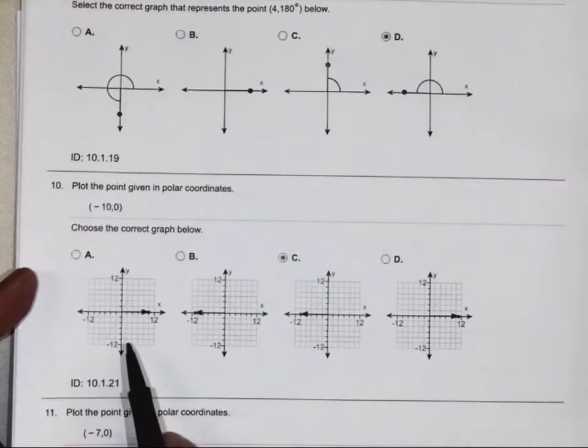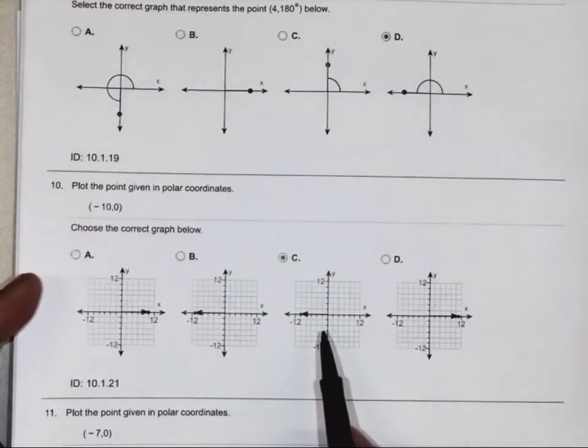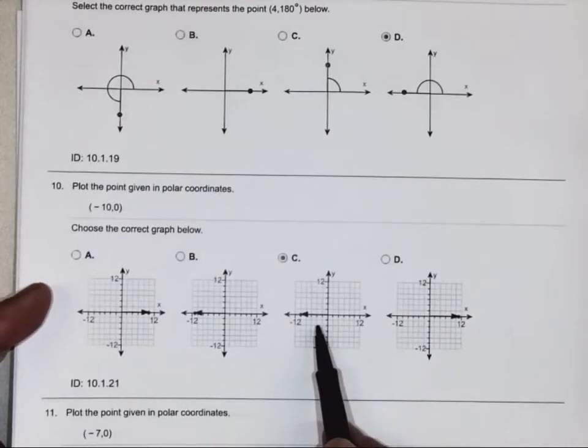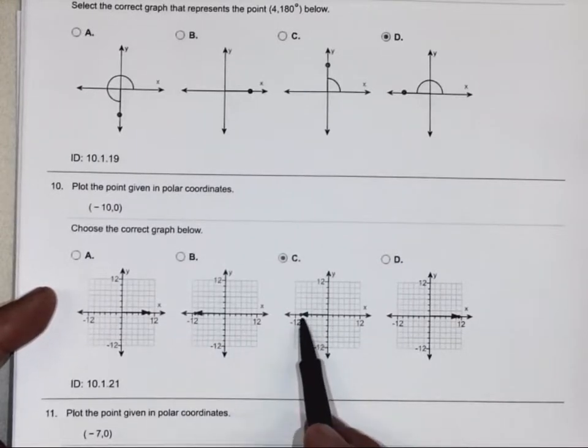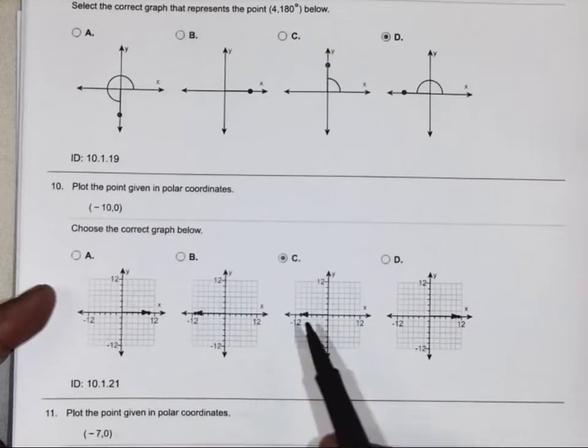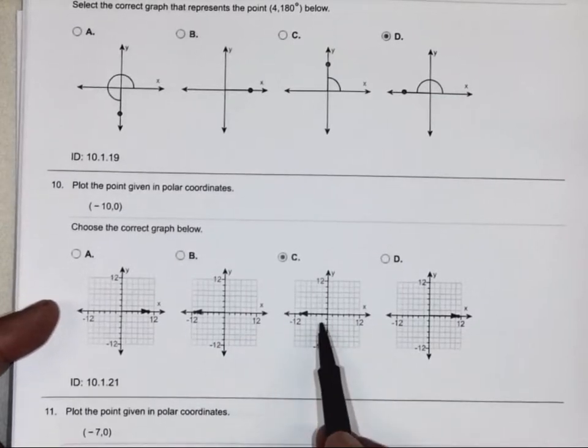And if you look at these choices, you'll see this is the one. The reason these look the same, but this is at -10, this is at -11. Seems pretty minor. So it's C.